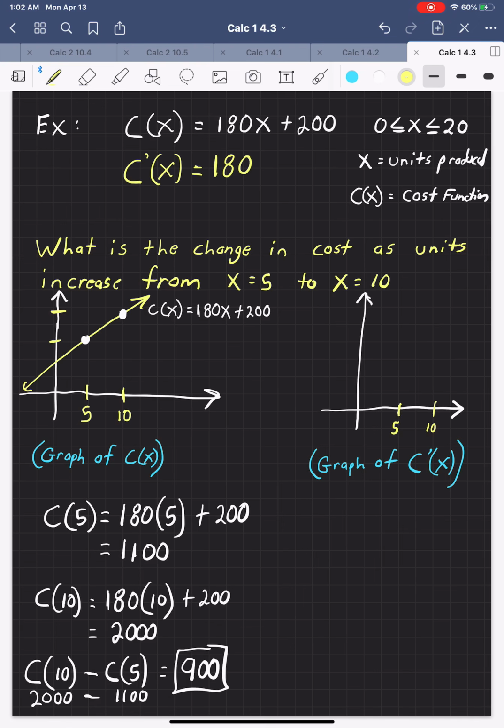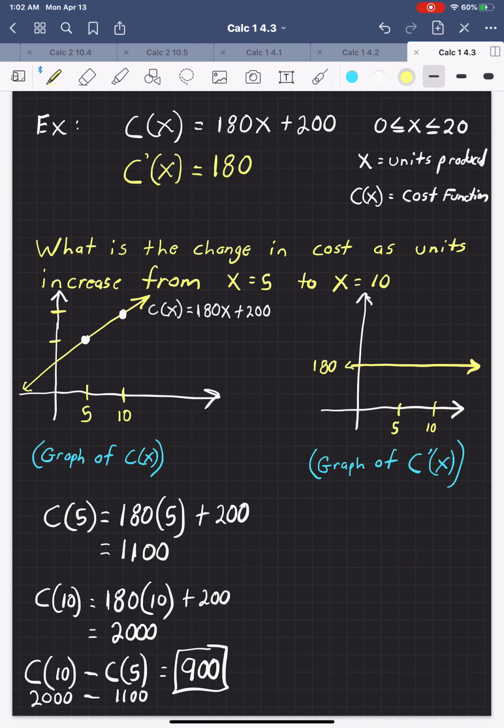So let's just say that this right here is the horizontal line at 180. Maybe it'd be helpful if I drew a better horizontal line. How's that? So this is at 180. Okay.